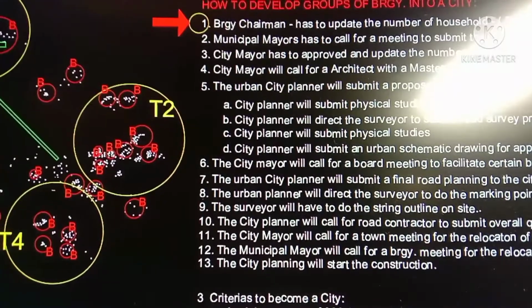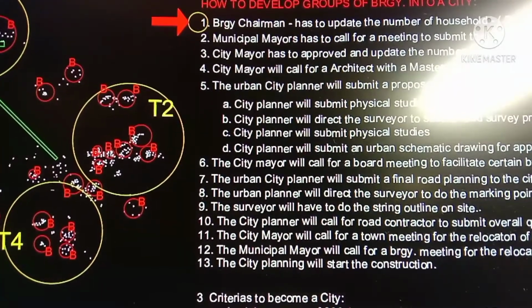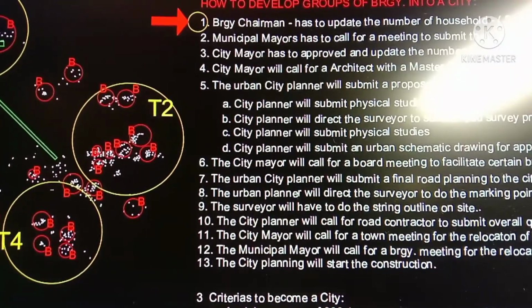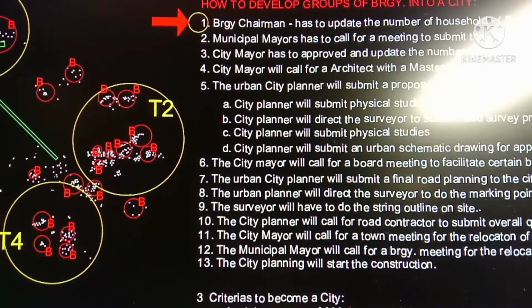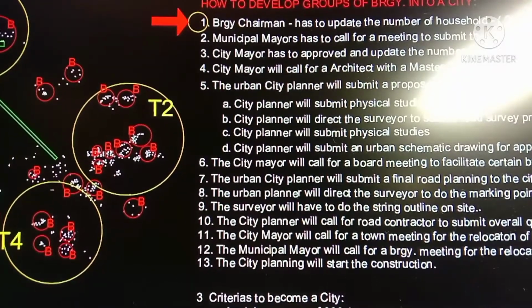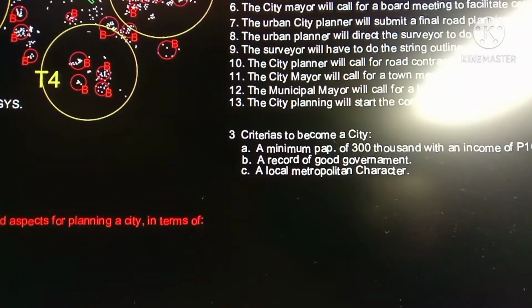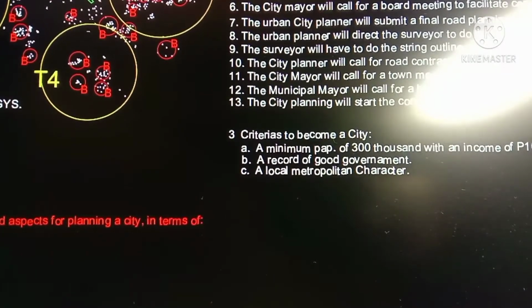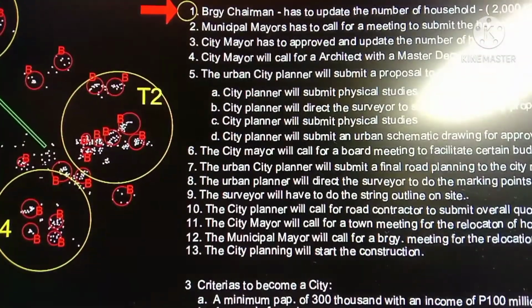The urban planner's responsibility is to design the cities. It involves land use, educational, industrial, water systems, transportation, and the buildings. That is how the urban planner will come out with the design of the city.